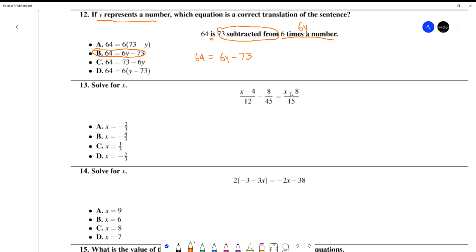So let's find the LCD. I see that there's 12, 45, and 15. If you forgot, you can list out the multiples of 12.